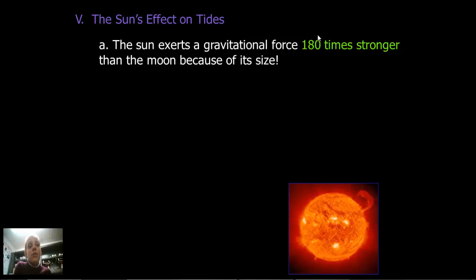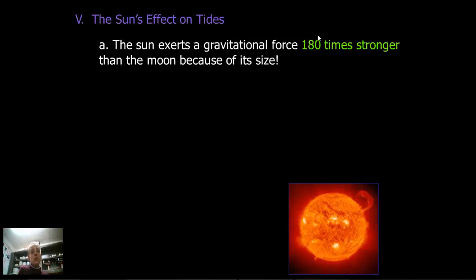Alright, the sun also has an effect on tides. The moon has a greater effect because it's much closer to us, although the moon is much smaller than the sun. And in actuality, the size of the sun would make it possible for the sun to have more of a gravitational effect than the moon, just based on size.